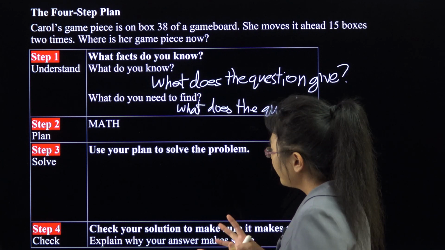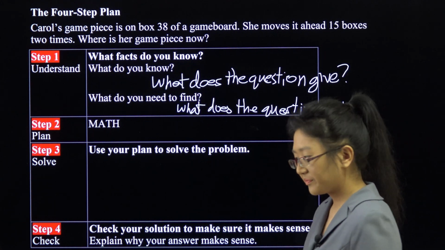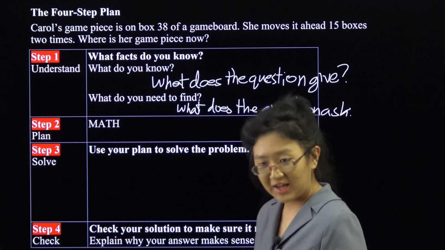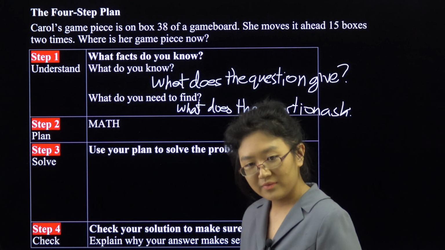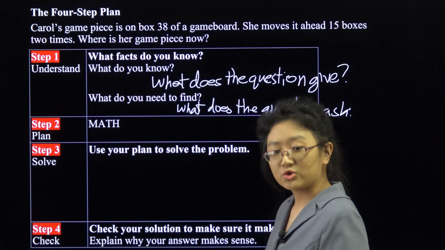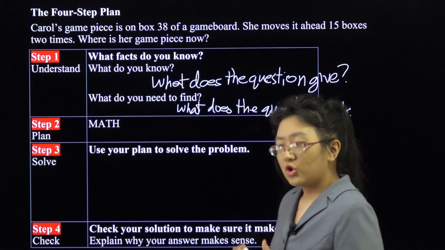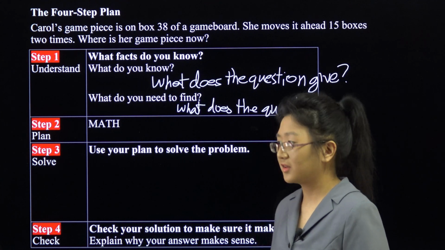Now, drawing a picture is also a common strategy that they tell you to do. Drawing a picture is also okay for initial understanding, because some children just visualize better. I'm also aware that some children cannot visualize. But drawing pictures takes a lot of time on a test.